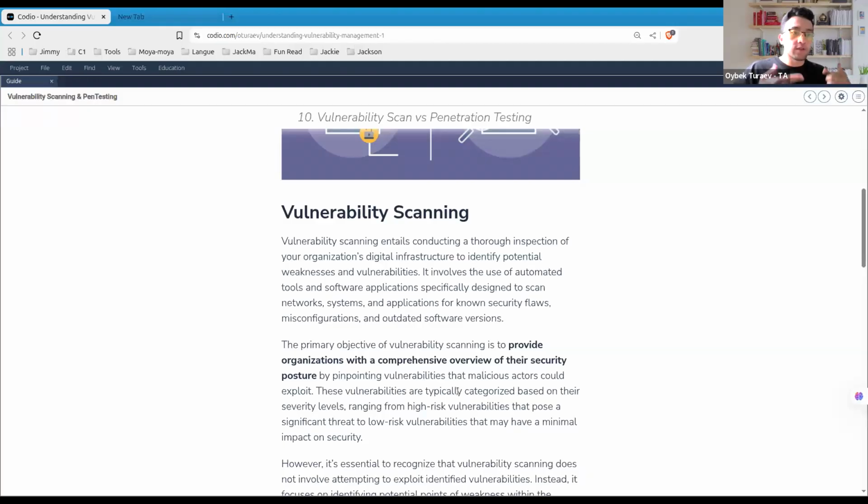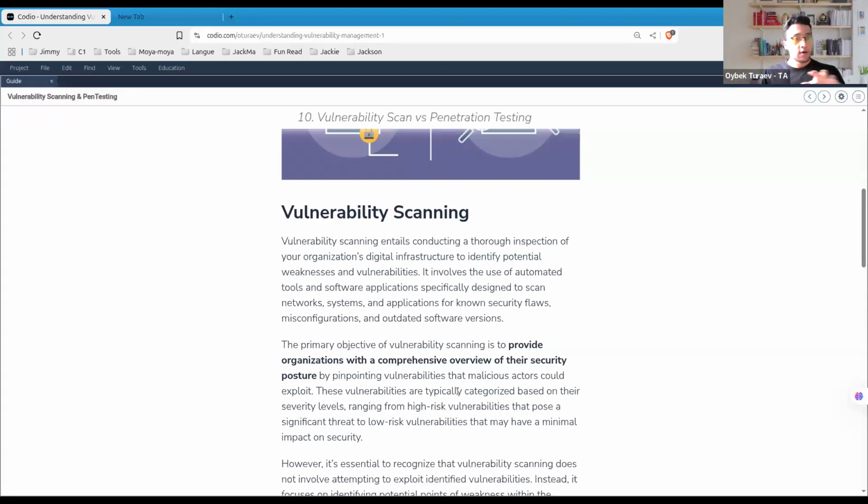That means what a real attacker can do with these vulnerabilities. That's the next level, which is done by penetration testing. You see, penetration testing takes a further step to exploit these vulnerabilities. That's where the difference lies. Okay, vulnerability scanning just finds common vulnerabilities in our organization.